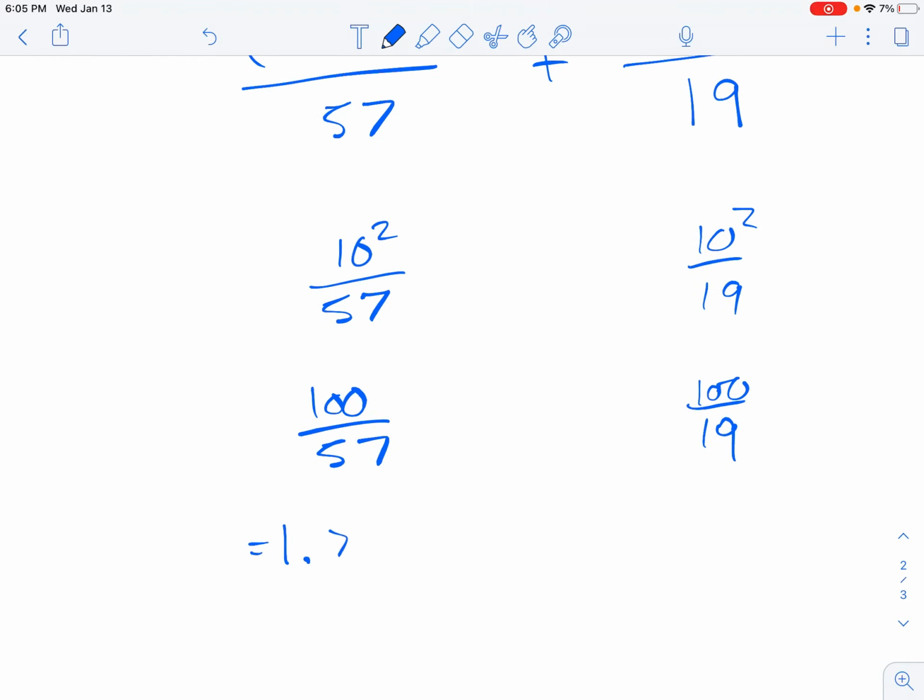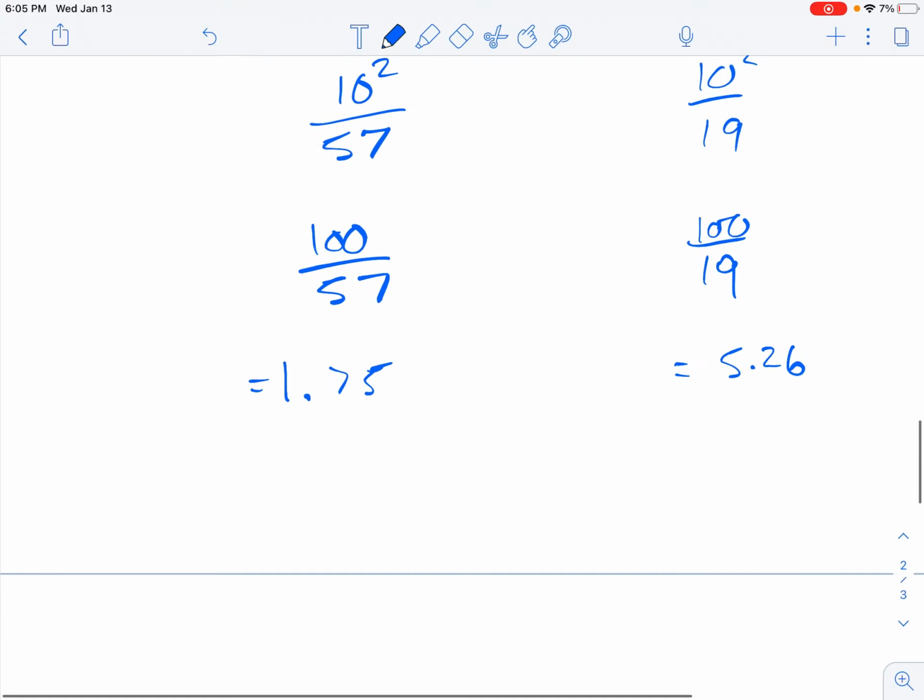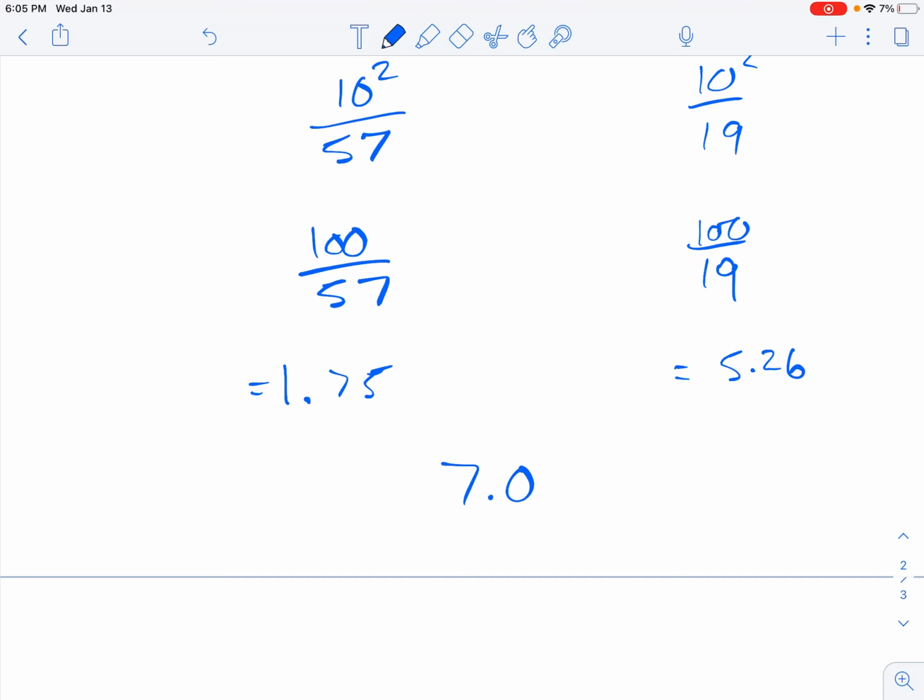So this one equals 1.75. And this one equals 5.26. Add them up. You get about 7.0. So that would be our chi-squared value, 7.0.